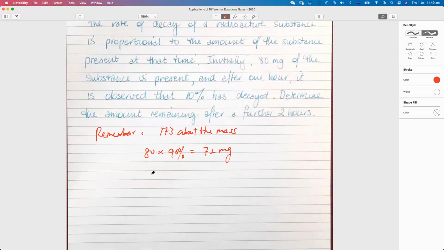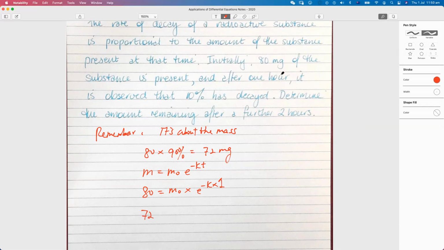Again, we've got the formula m is equal to m naught e to the power of negative kt, negative kt because it's a decay. Then we substitute our values. We know it's talking about hours, so we assume the unit of time is hours.